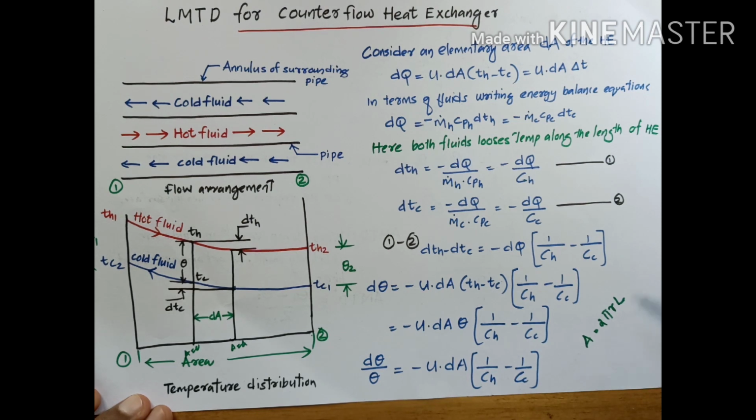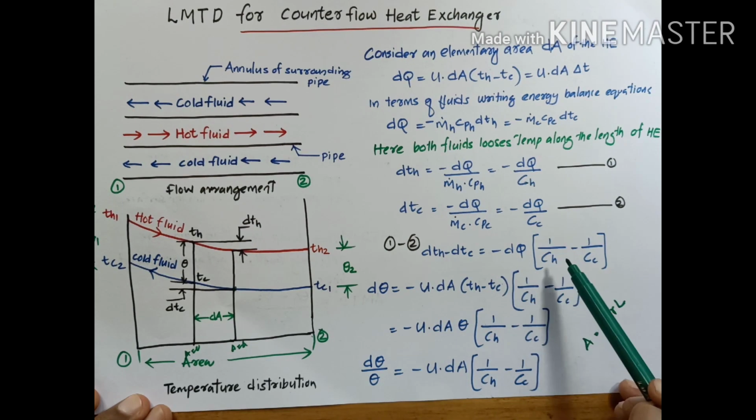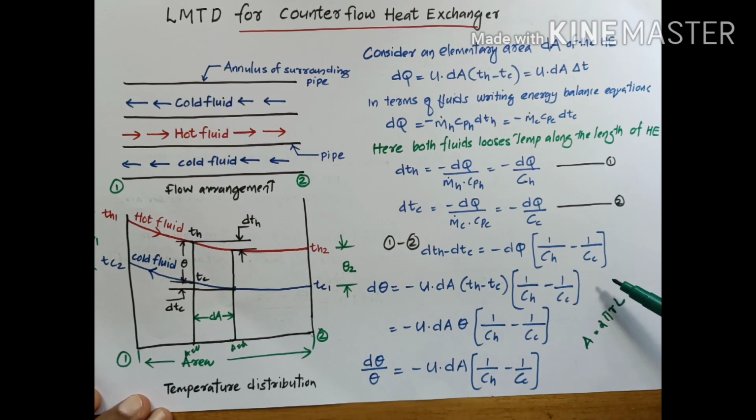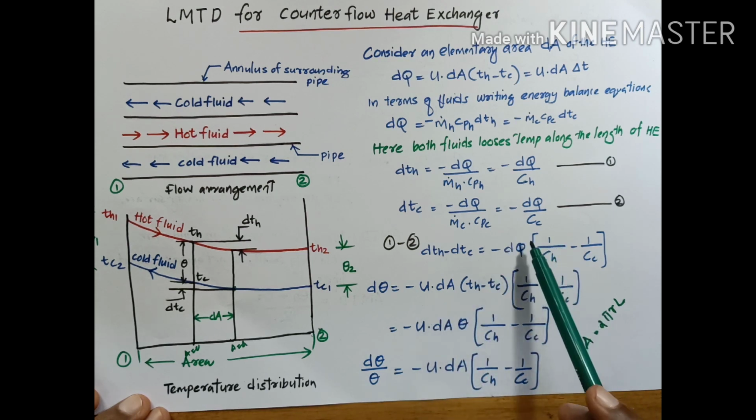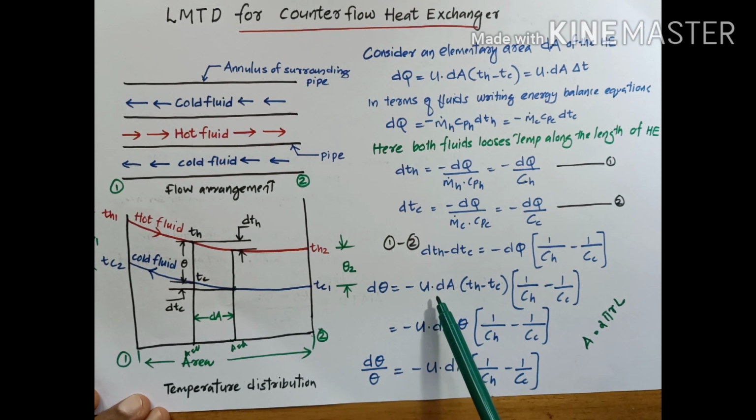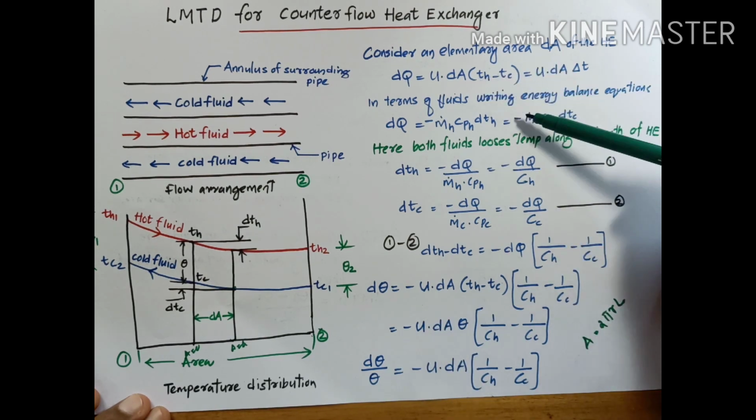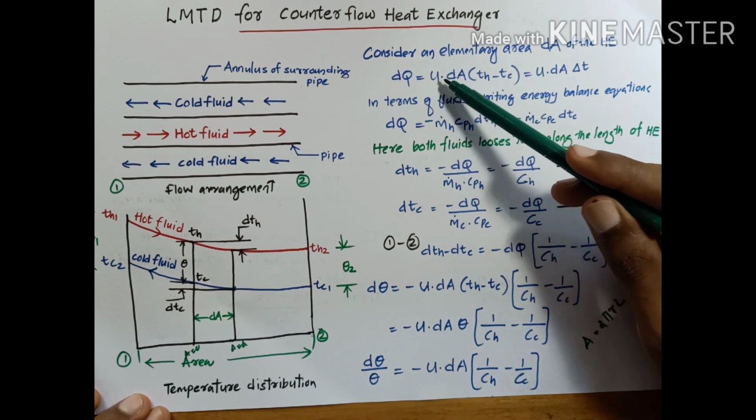Okay. Then we subtract equation 1 and 2, that is dTh minus dTc. We get minus dQ into (1 by Ch minus 1 by Cc). Then we know that dTh minus dTc is d theta. So d theta we can write as minus dQ into (1 by Ch minus 1 by Cc). We substitute for dQ, that is U dA into (Th minus Tc).